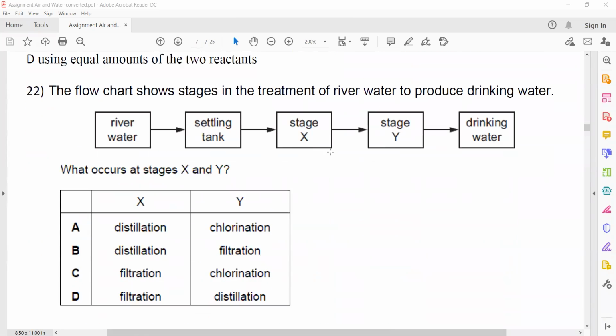Question 22. What occurs at stage X and stage Y?